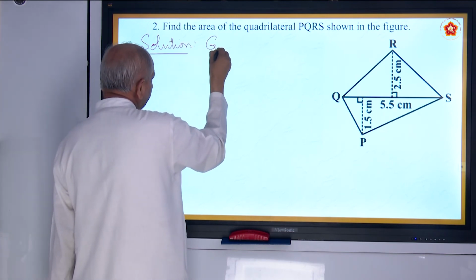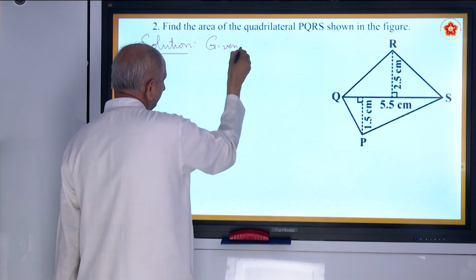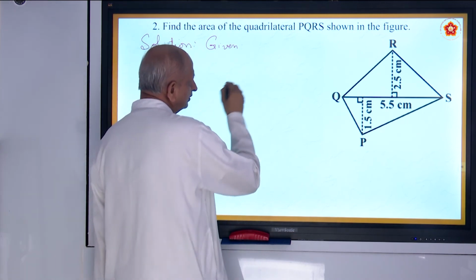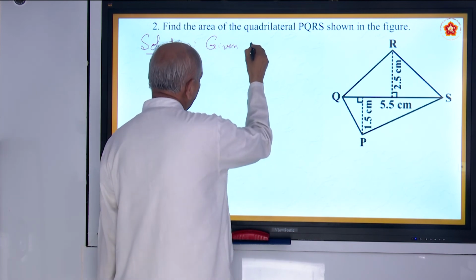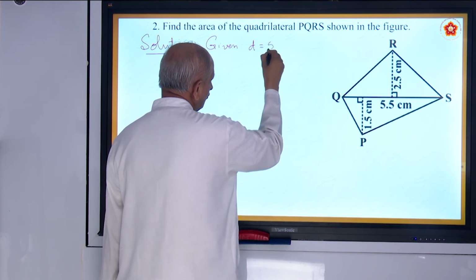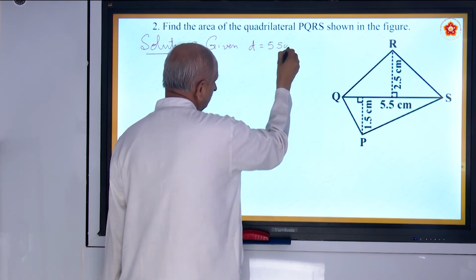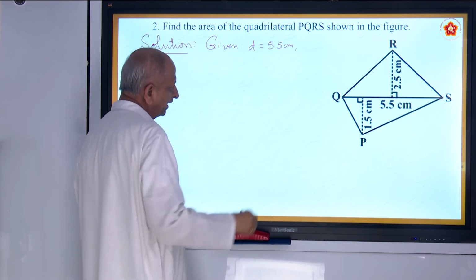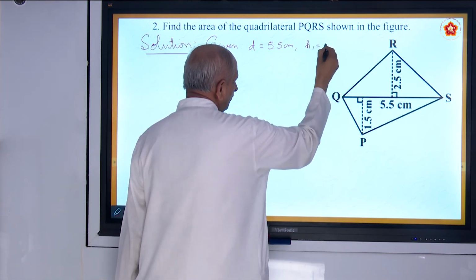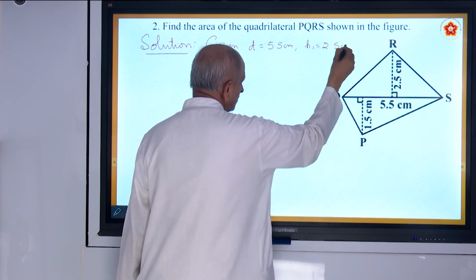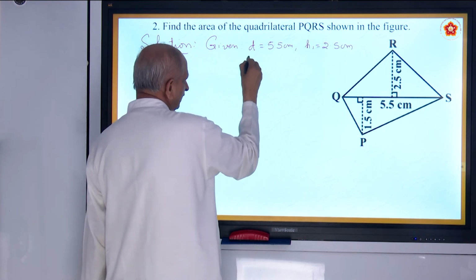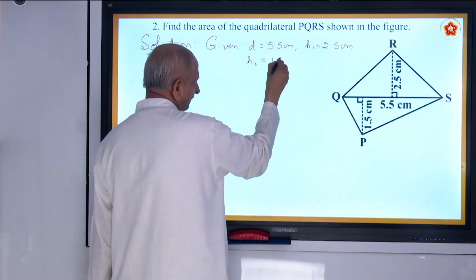You are given diagonal QS, we call it D, is equal to 5.5 and height or altitude, first height is 2.5, second height we call it H2, 1.5.